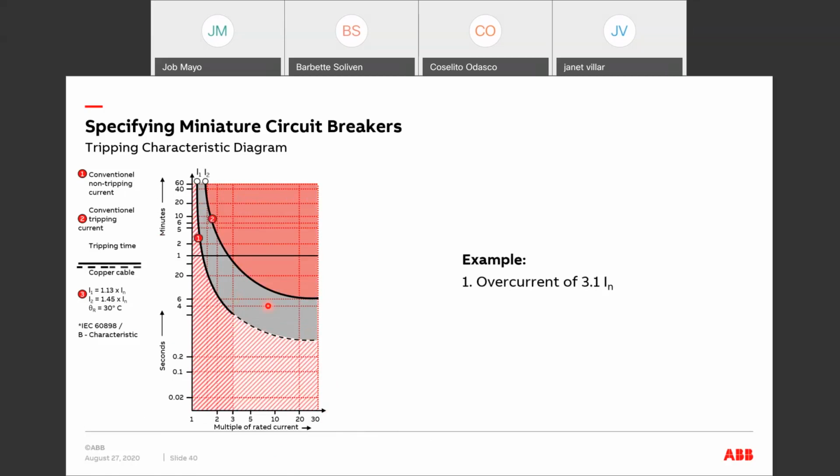So for example, an overcurrent of 3.1 times the nominal rated current. So you'd see here, there's a line. So 3.1, so it will trip between 2.1 milliseconds and 2.1 seconds and 40 seconds. So for bimetal protection, good overload protection, as stated earlier, it's three times the rated current, which is initially the test current for B curve circuit breakers.